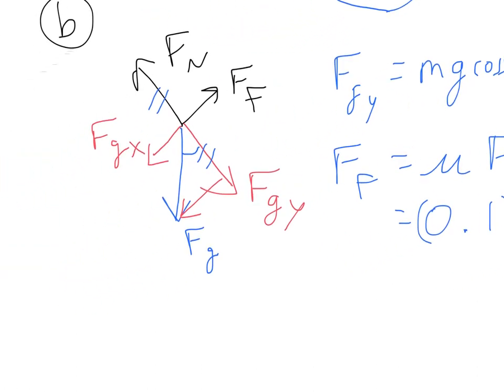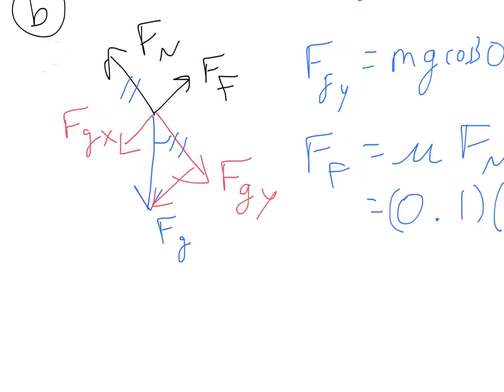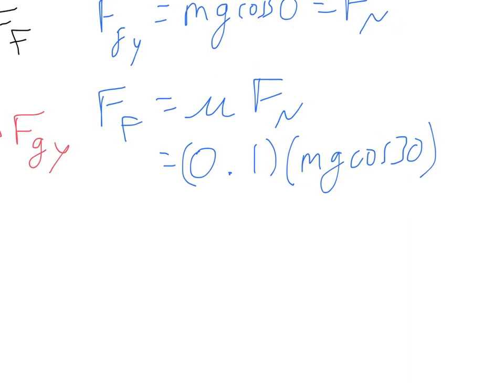The force in the x direction, that's this arrow here, which we've redrawn up to here, is opposite from the angle. So we know that FGX is mg sine theta, theta being 30 in this case.